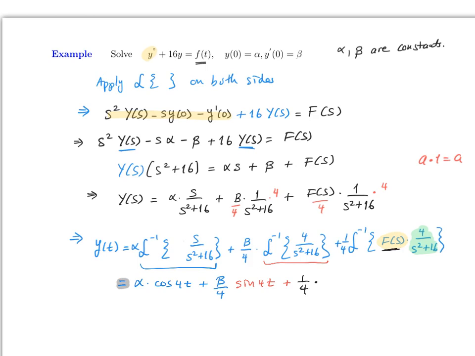And then since we don't know what this is, we cannot really find this inverse transform, but you can write it as a convolution integral. So this will be the integral from 0 to t of f of t minus tau times the second function, which is sine of 4 tau d tau. Now, since you don't know what f is, you can't integrate this. So once you get to this point, you're done. And that's it.